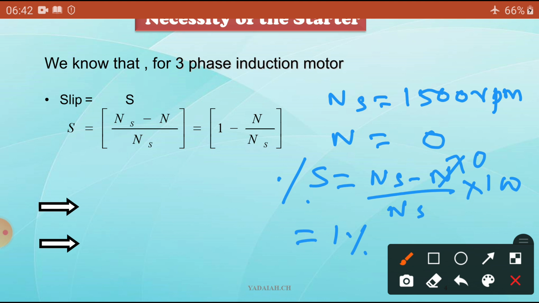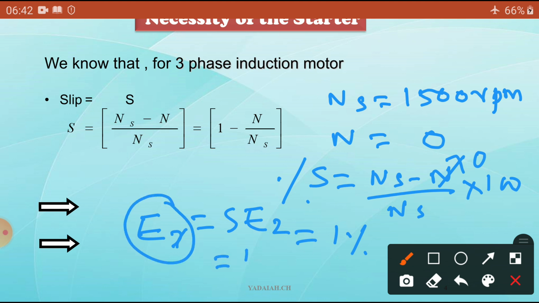Initially, when S is equal to 1, what is the induced EMF E2? The rotor EMF under running condition, E2R, is equal to S into E2. So here the rotor induced EMF is equal to E2. That means if normal voltage is applied to the primary of a transformer, we get the secondary voltage in the secondary winding.